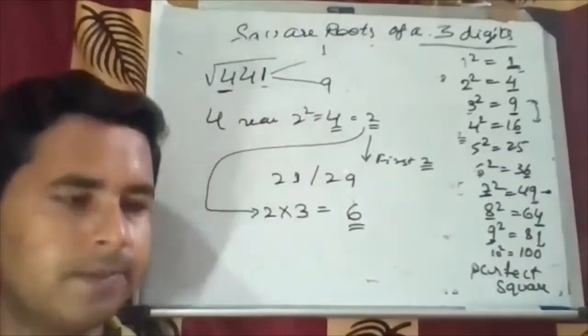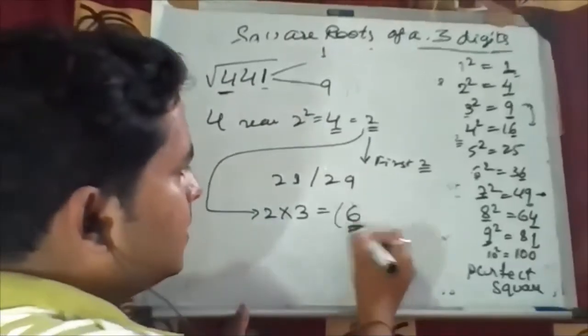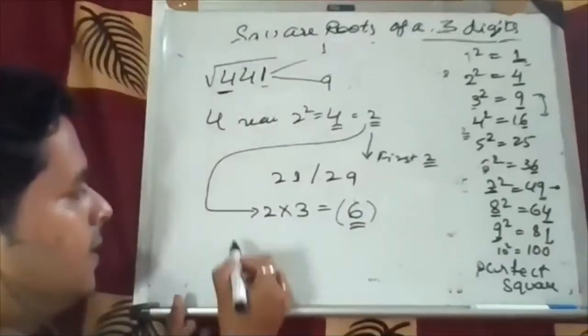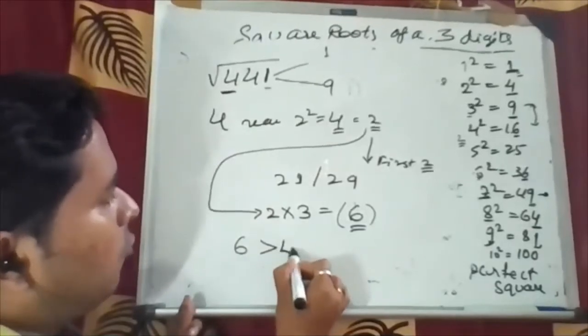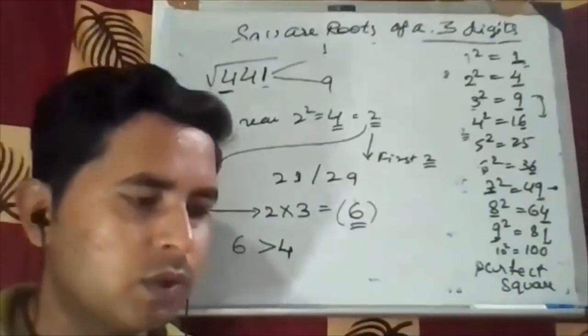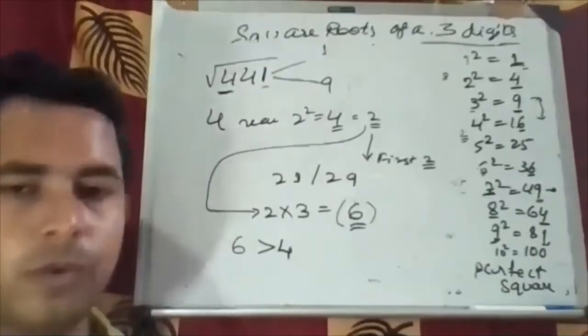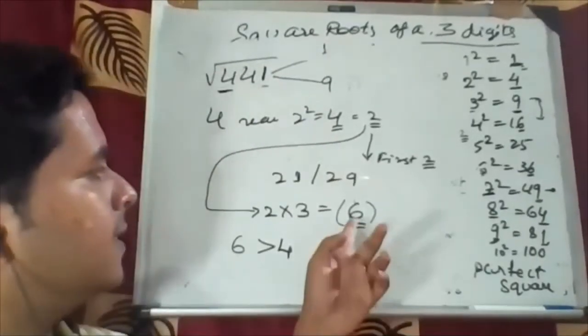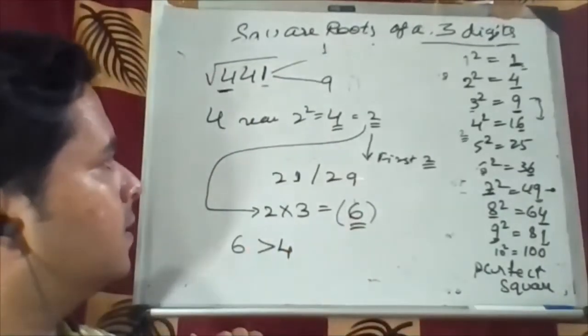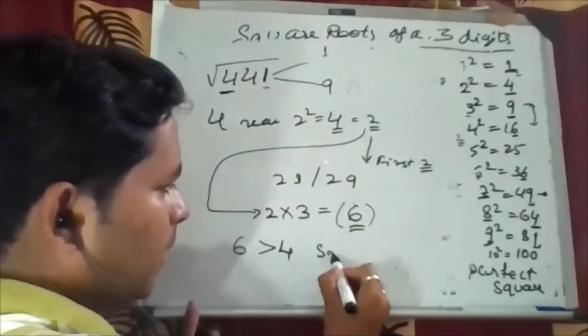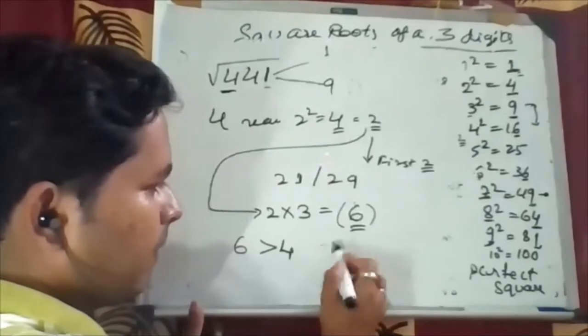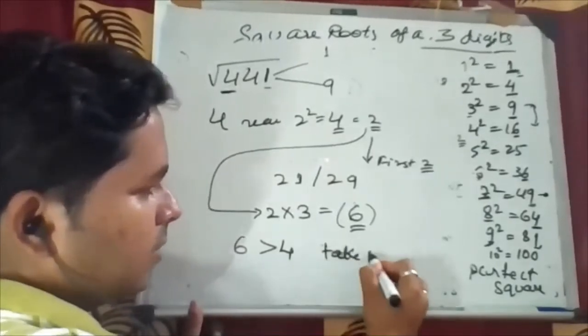You got 6 as the answer. Now 6 is more than 4. So 6 is more than 4, which means you have to take a smaller value.